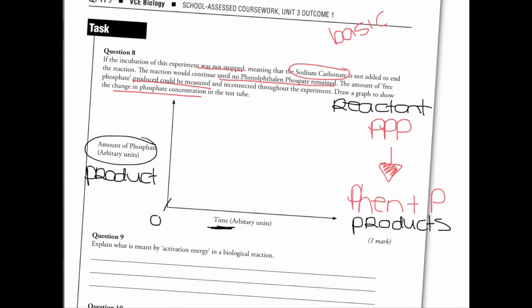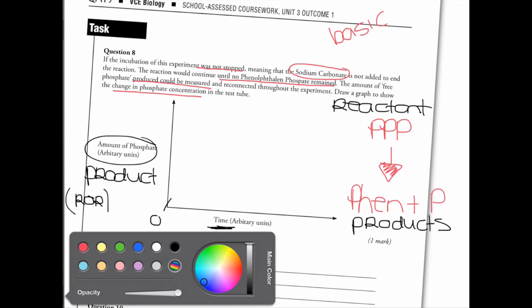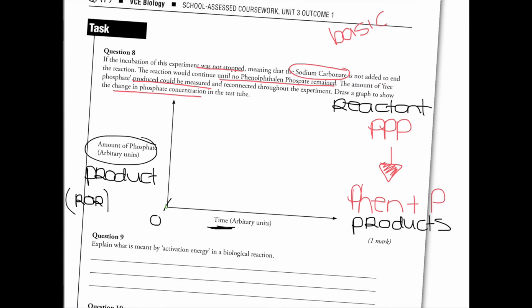Remember, 0 generally will always go here. When we're looking at product, sometimes you could even infer the rate of reaction, so how fast it's occurring. So here, down at 0, this is where the reaction first starts. We start here, where all we have in the test tube is the PPP.